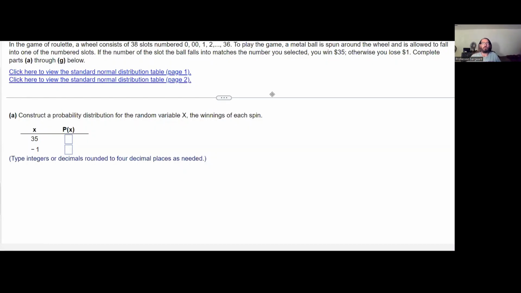Okay, let's try this out. Game of roulette. We have 38 slots: 0, 00, and then every integer from 1 to 36.